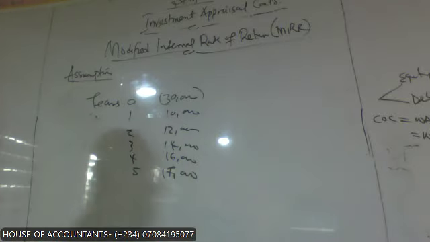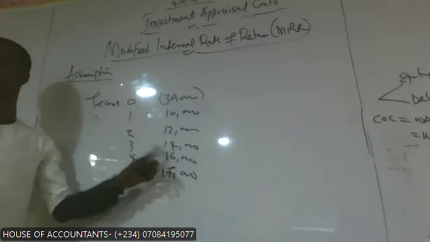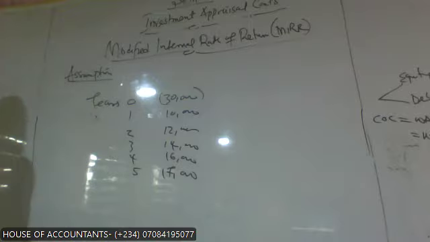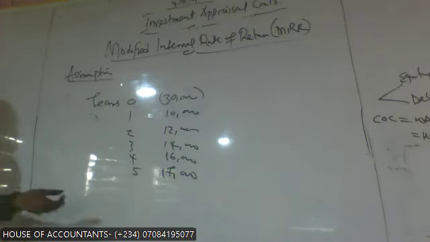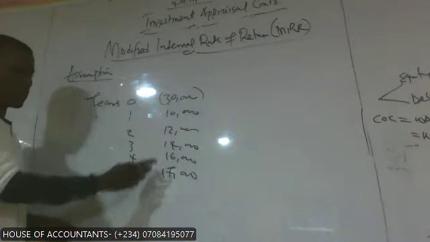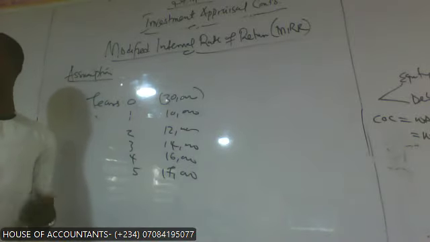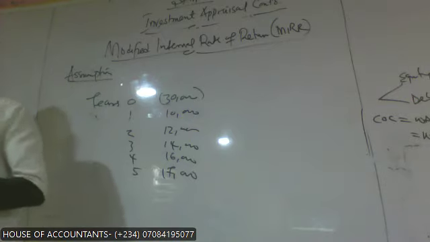So that is what modified internal rate of return tries to correct. There is a reinvestment assumption that all these returns should be reinvested. It's just like I'm doing a project for 5 years. At the end of year 1, I get 10,000. What do I do with the 10,000? That 10,000 should be reinvested until the end of that project. That is when we can actually determine the actual returns from that project.